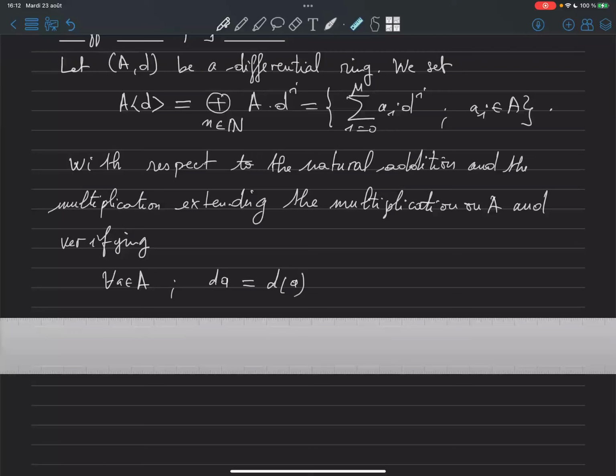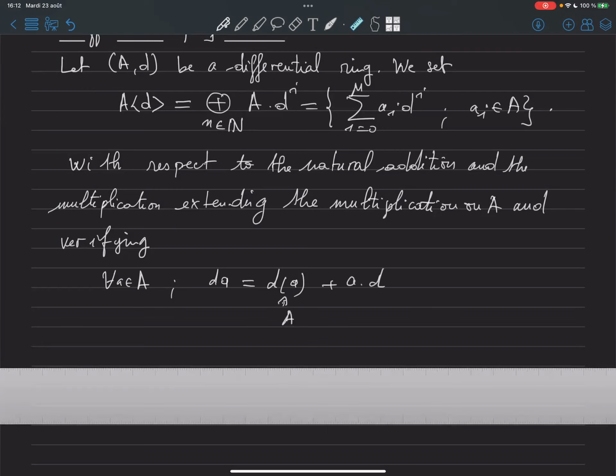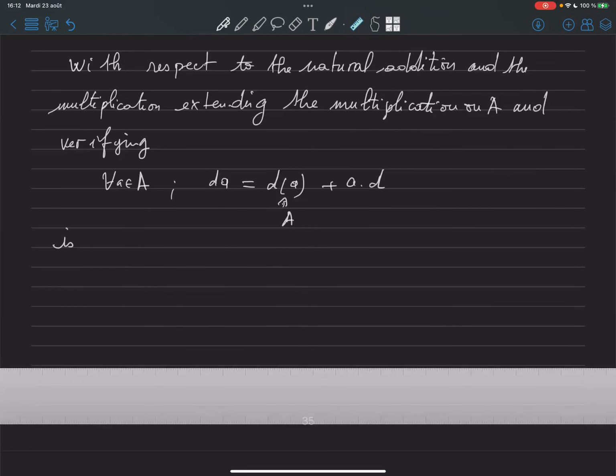This is just an element of A plus A times D. Then it is non-commutative.